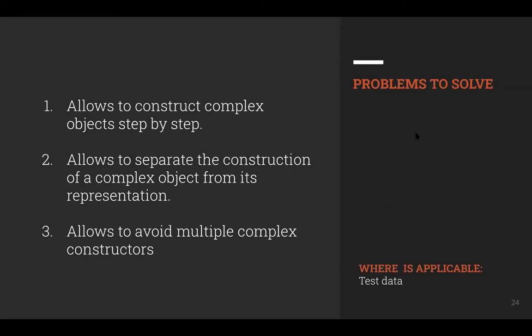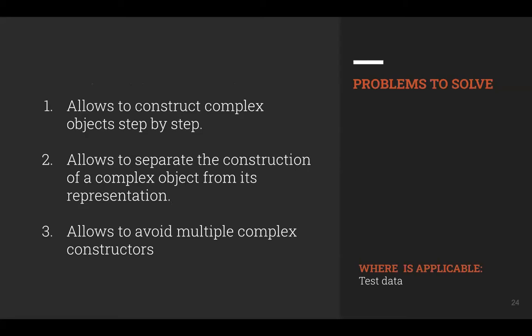The next pattern allows you to construct complex objects step by step, and you can separate the construction of these objects from their representation. You can imagine the example when you have a really complex object.